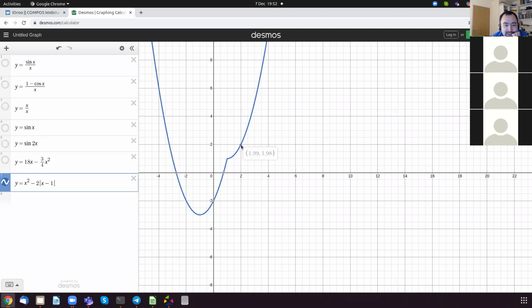Let's try connecting these two points. So a straight line going through the two points is going to be 2x minus 2.